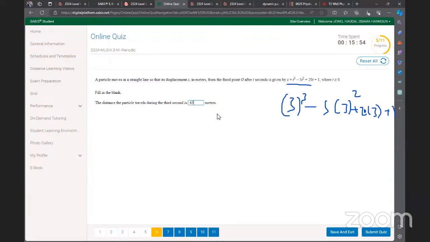Because he said during the 3rd second, so it means when t equals 3. How did you know t was 3? Yeah, because he said during the 3rd second. Thank you, Joel. Exactly.